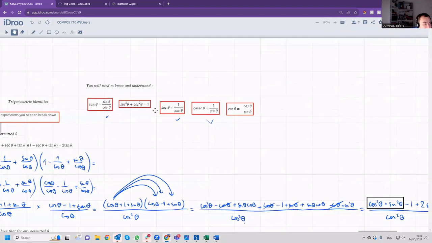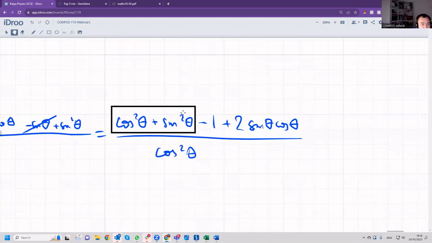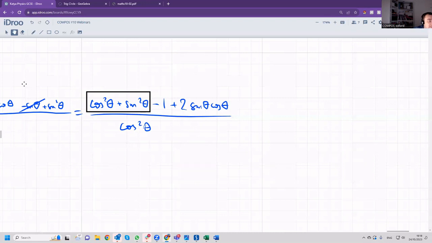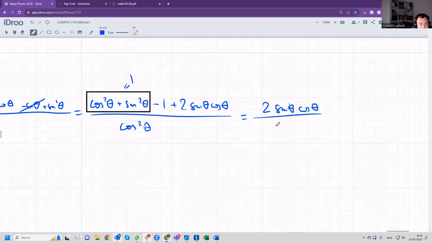It's 1. Remember, cos squared plus sine squared is 1. So it's going to be 1 minus 1, which is 0. So this is going to be 2 sine theta cos theta divided by cos squared theta. And cos squared theta is cos theta cos theta.